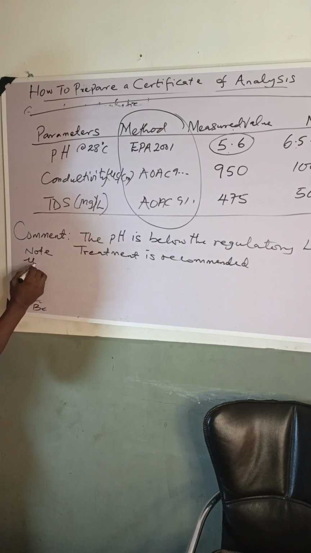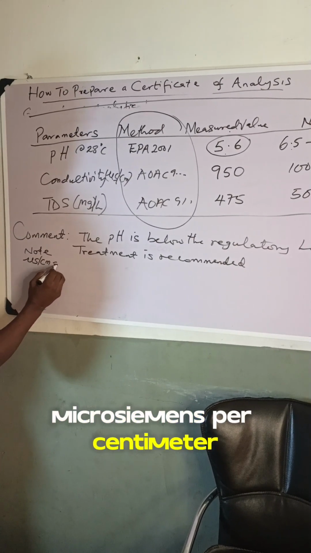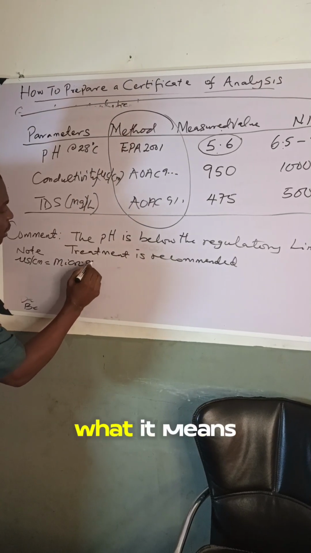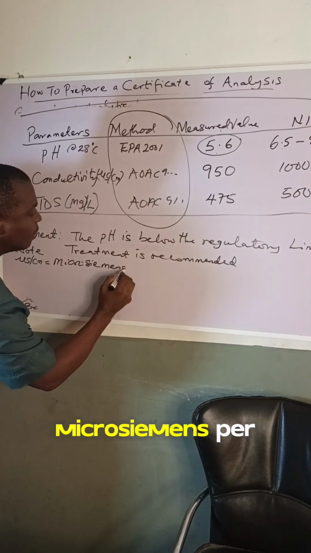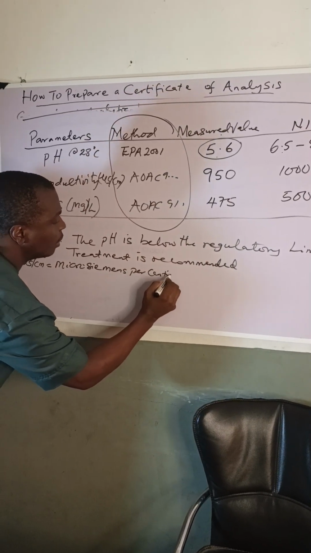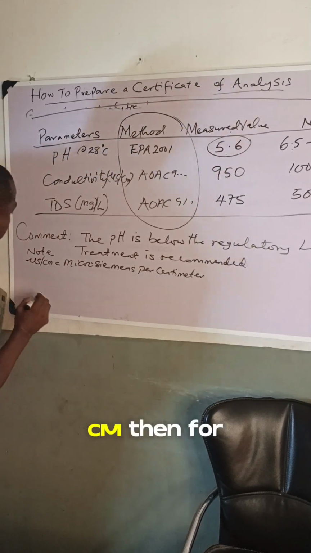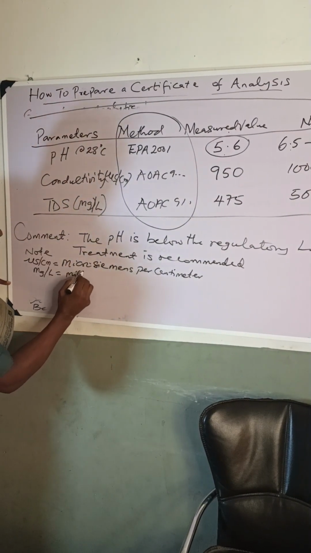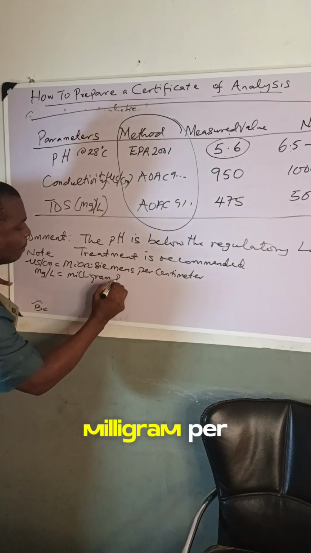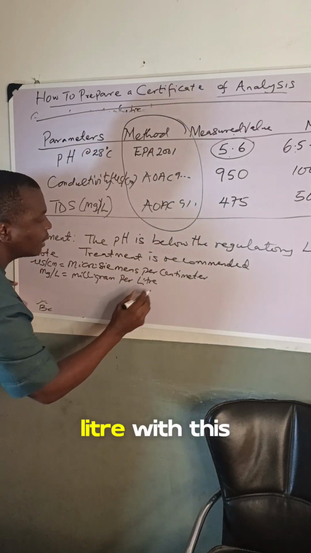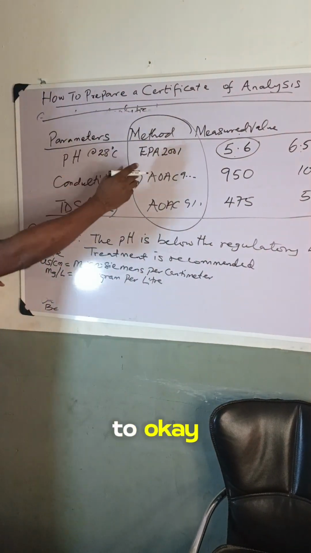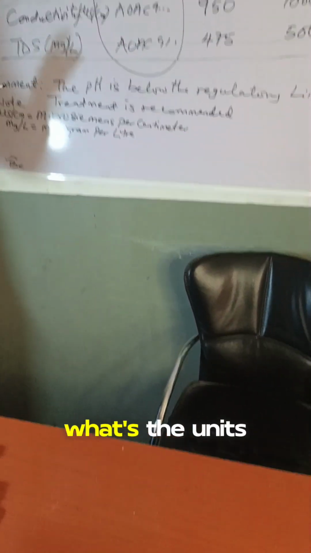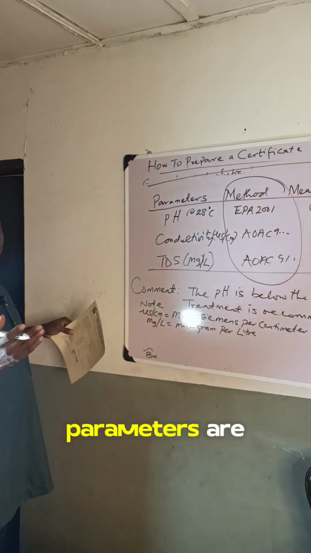Note, microsiemens per centimeter is equal to, you write the name in full, what it means, microsiemens per centimeter. Then for the other one, mg per L, which is milligram per liter. With this, we've been able to explain to whoever sent this sample what the units of the parameters are.